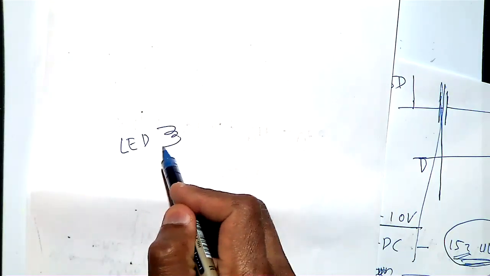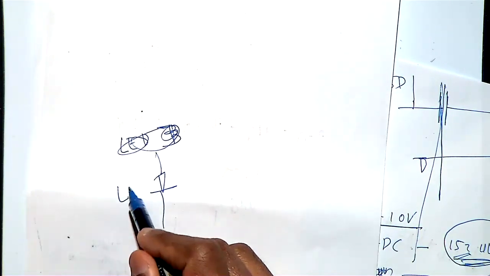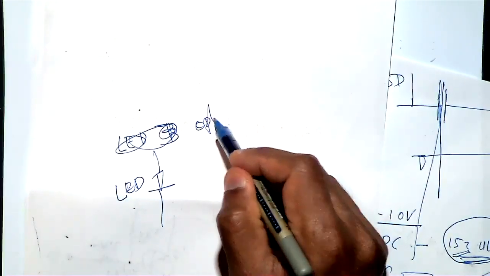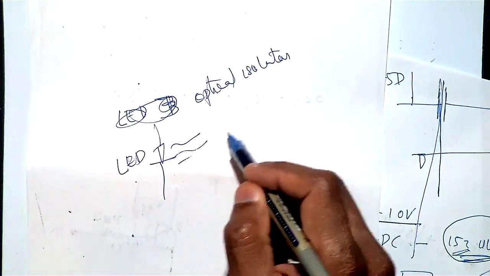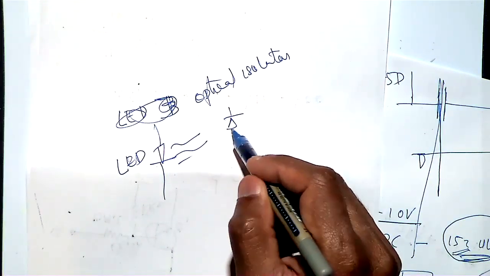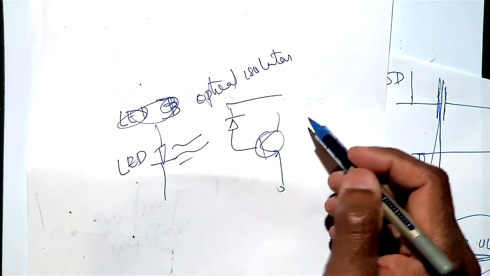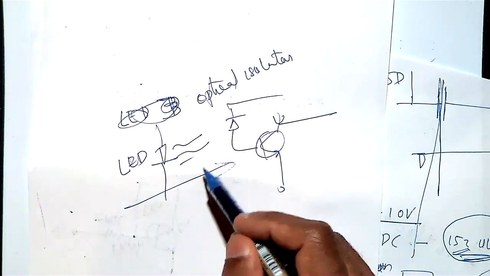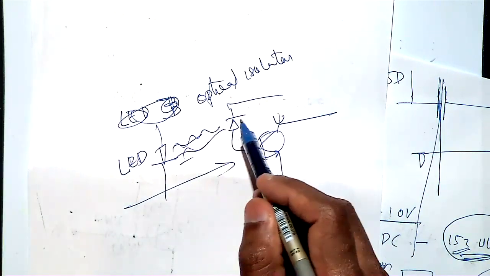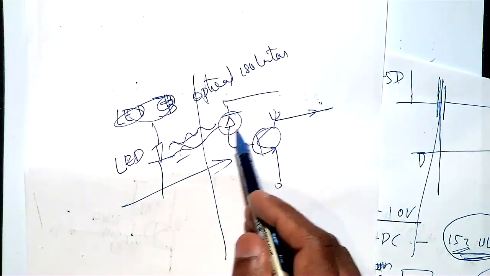Previously, in the optical isolator, the LED is shining, maybe a photodetector, and that is connected to a transistor, and so you are getting the collector current here. So the light is going, and then you are getting some base current, you are getting the collector current, and then both parts are isolated.